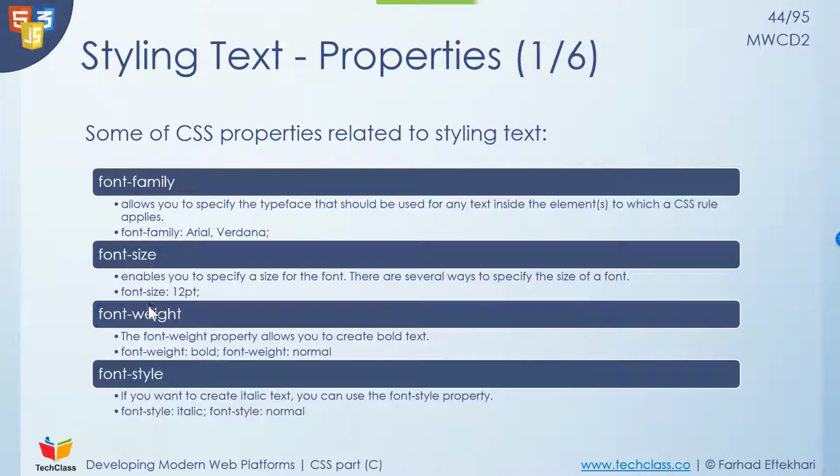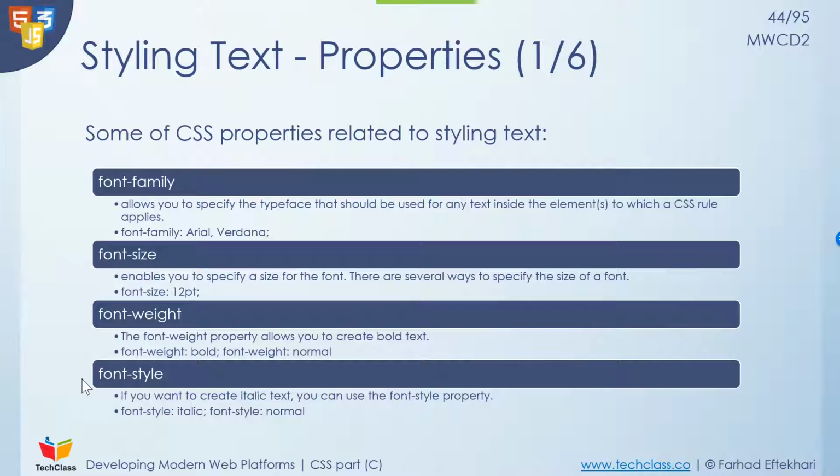So if you went through the HTML part of the course, you may remember we were able to use the B, italic, and underline elements, but now by understanding CSS, you don't need to use them, and you can apply these CSS rules to your elements much more easily compared to applying those HTML elements.